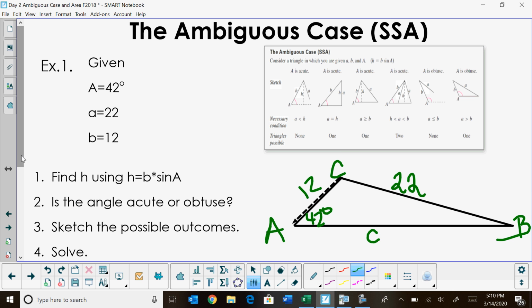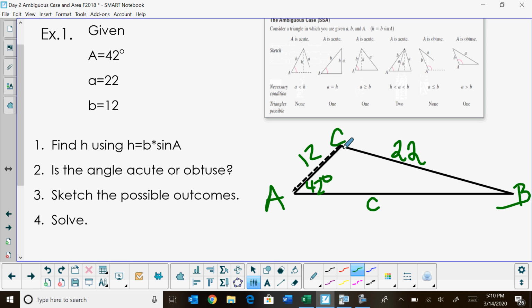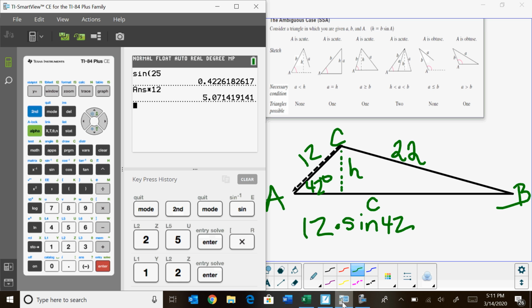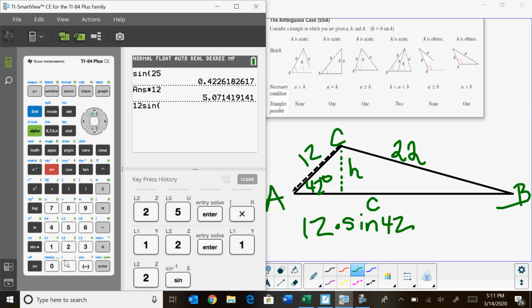Now to solve the triangle, I can find my height just to confirm that indeed we can create a triangle. So to find this altitude or this height, I'm going to take B times sine A. So B is 12. B is always your adjacent side, times sine of angle A, which is 42 degrees. So let's grab my calculator. I'm going to take 12 times sine of 42.